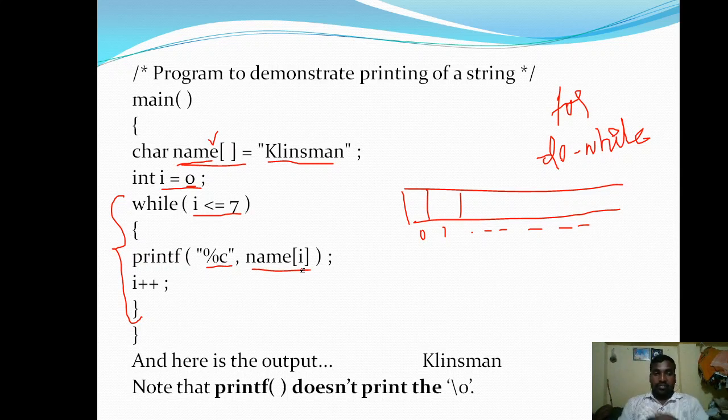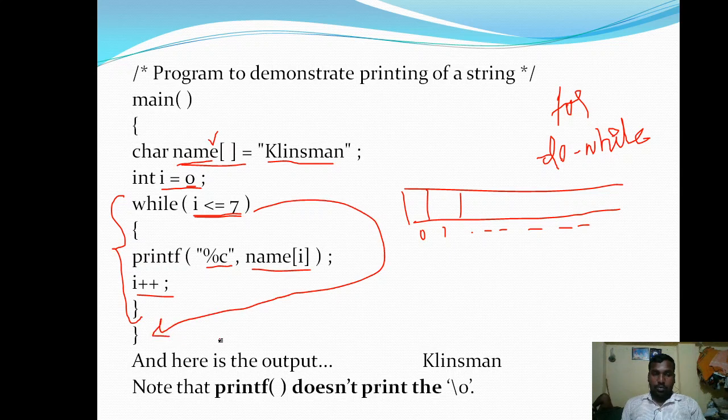Every time I am increasing the i value by 1, so from 0 it moves until 7. After 7, the i value becomes 8, and at that time this loop will be terminated, and after the termination there is the end of the program. So we are coming out of the loop, coming out of the program, and the output is Klinsmann.